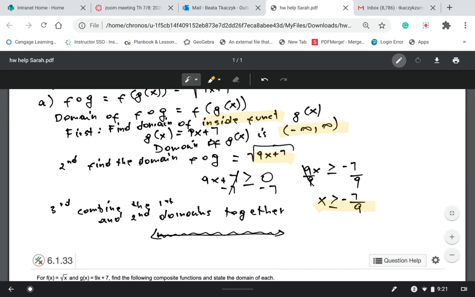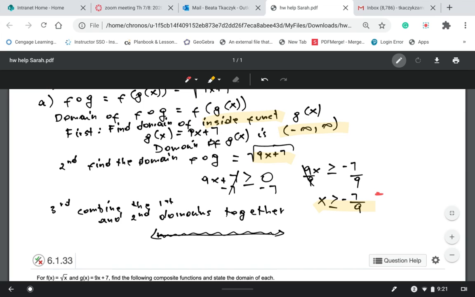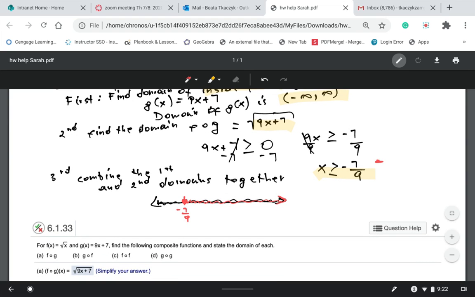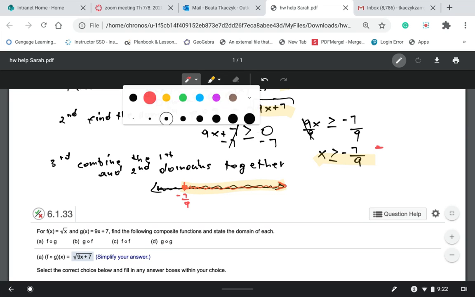The second condition is x is greater or equal -7/9. So when you combine them together, you're checking where on the number line the two colors overlap. So the final answer will be this. This is our domain, the combination of both.